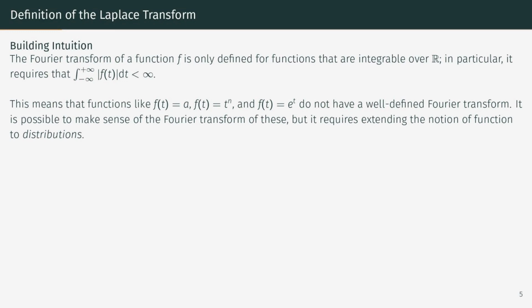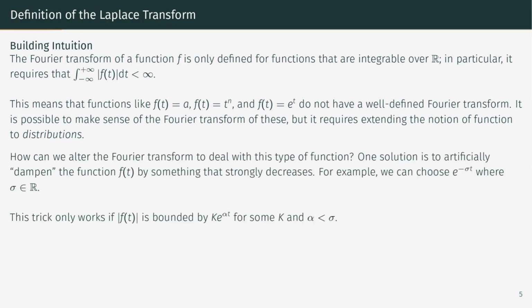This means that functions like f of t equals a, or f of t equals t to the n, and f of t equals e to the t do not have a well-defined Fourier transform. It is possible to make sense of the Fourier transform of these, but it requires extending the notion of a function to distributions.